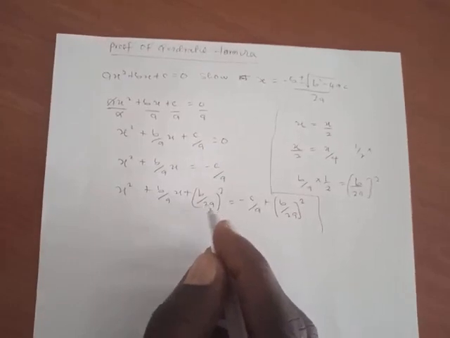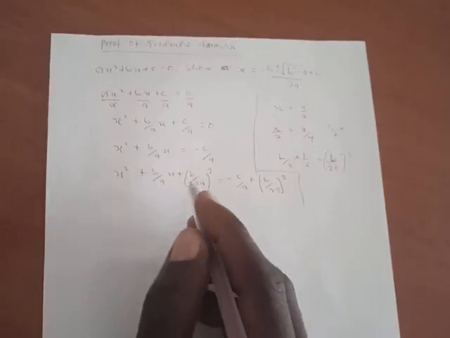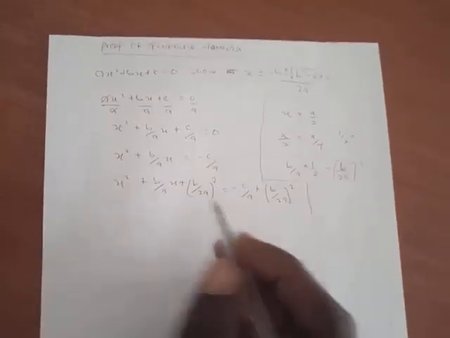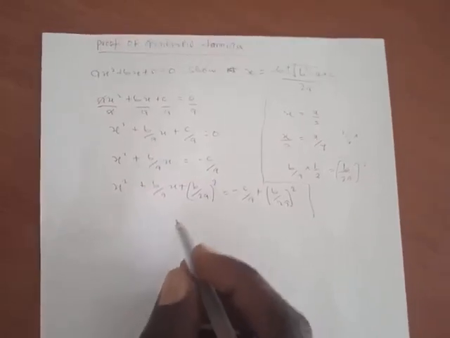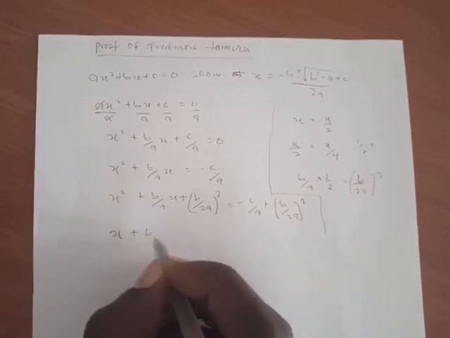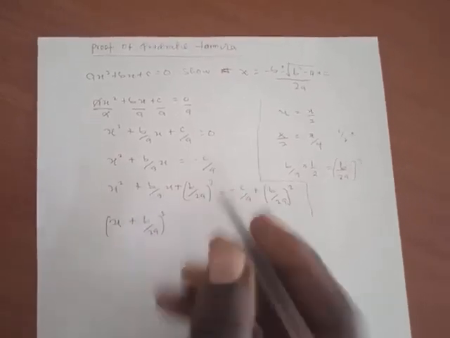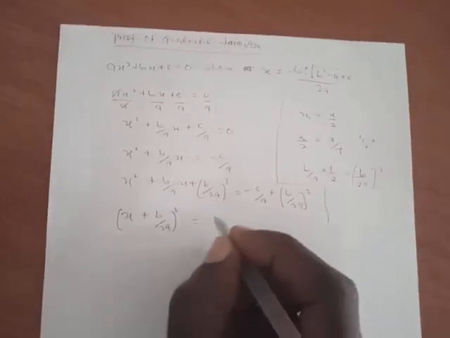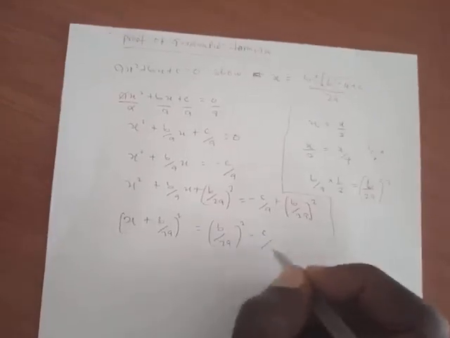So here we can now take b over 2a squared. If we open the bracket again, we get exactly x squared plus b over a x plus b over 2a squared. So we have x plus b over 2a, squared. So this is equal to b over 2a squared minus c over a.